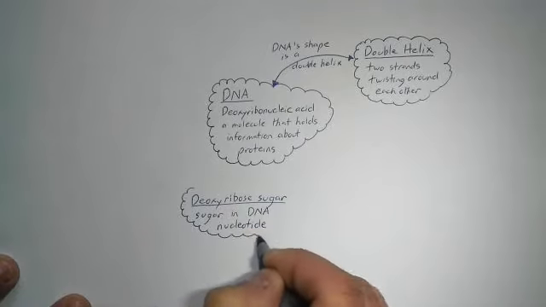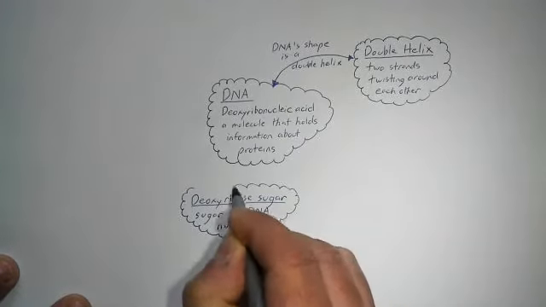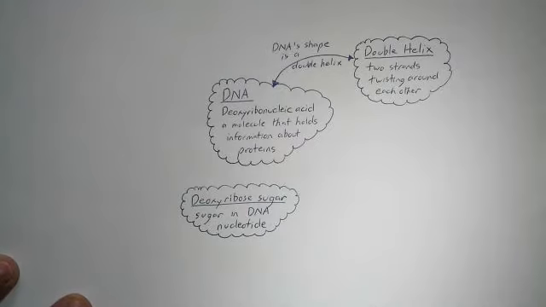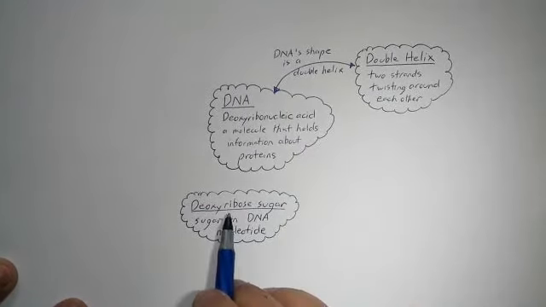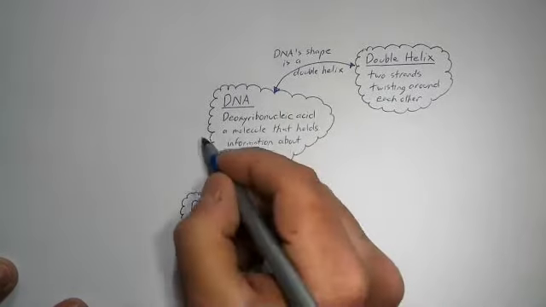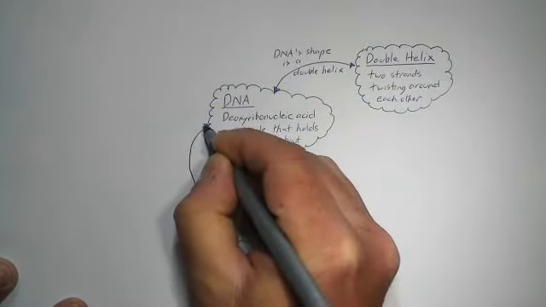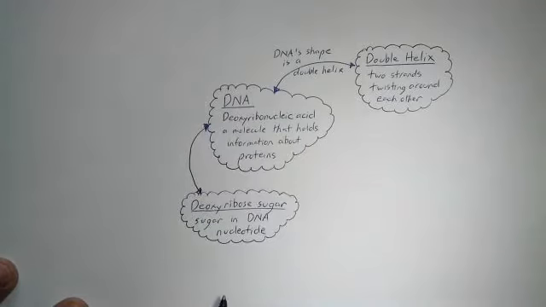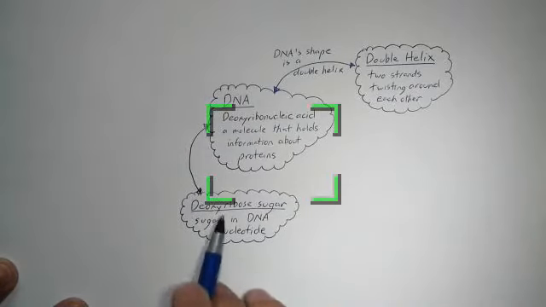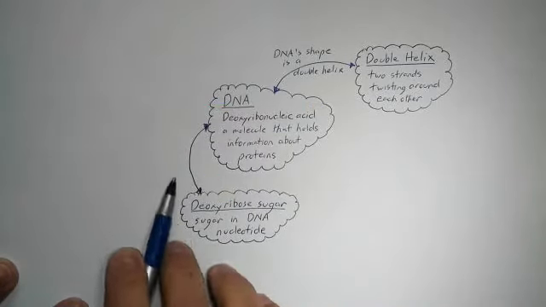Cloud. Okay. And then I have to connect it. I said I was going to connect it to DNA, so let's do that. Connect it like so. How is this connected? Well, it's kind of connected by the definition. But I should still write it.